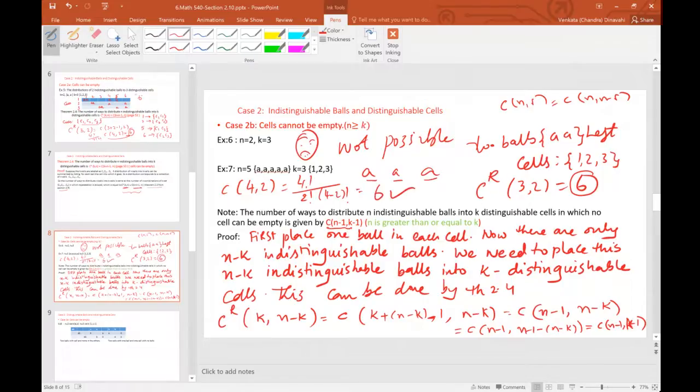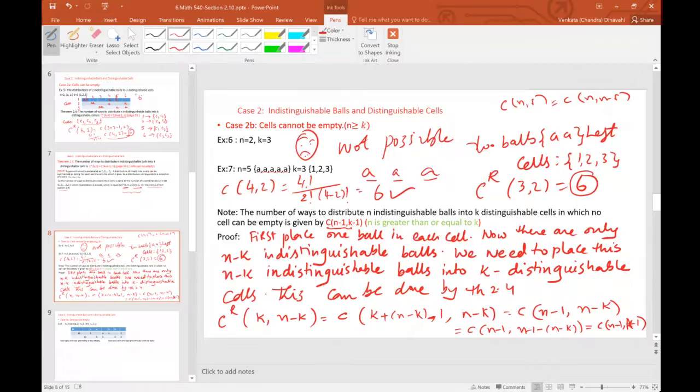If you simplify, you will get the answer. Again, if you cannot read my handwriting, please go to page number 54 of the textbook and you will see this result. So this is case 2b, and now we have the formula for case 2b as well.